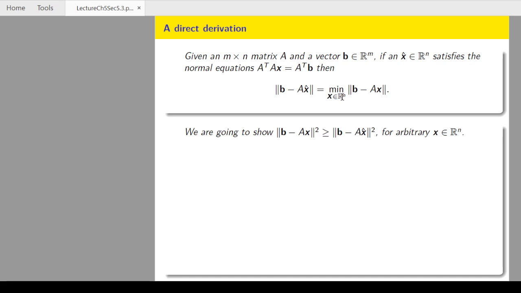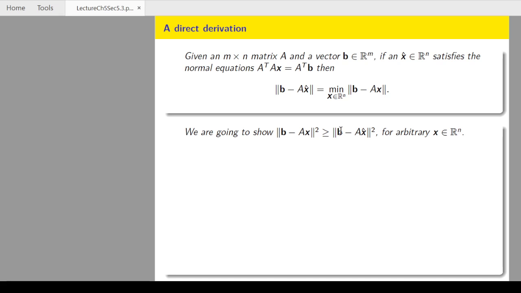Now we are going to give a proof for this statement. To do this, we take a square of this equation. We want to show the square of the distance between b and Ax is greater than or equal to the square of the distance between b and A times x hat, for any x belonging to R^n.